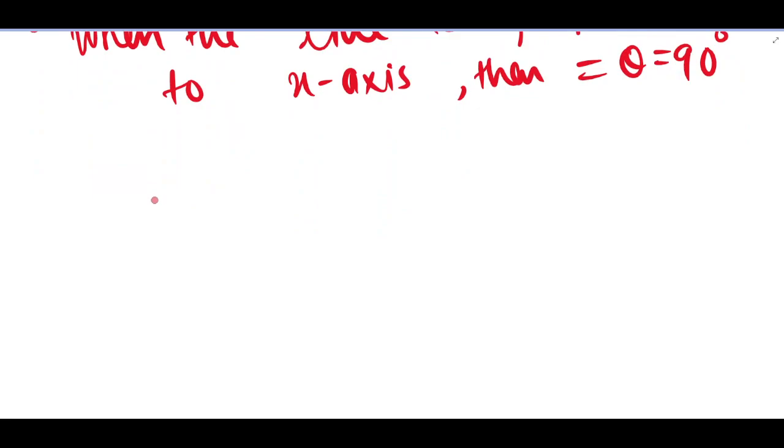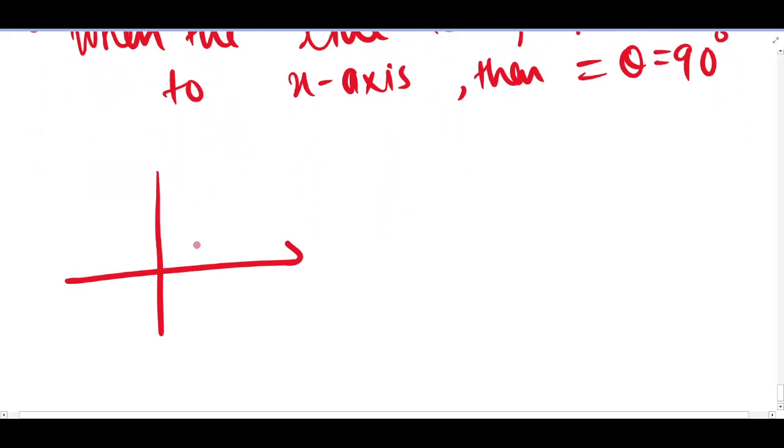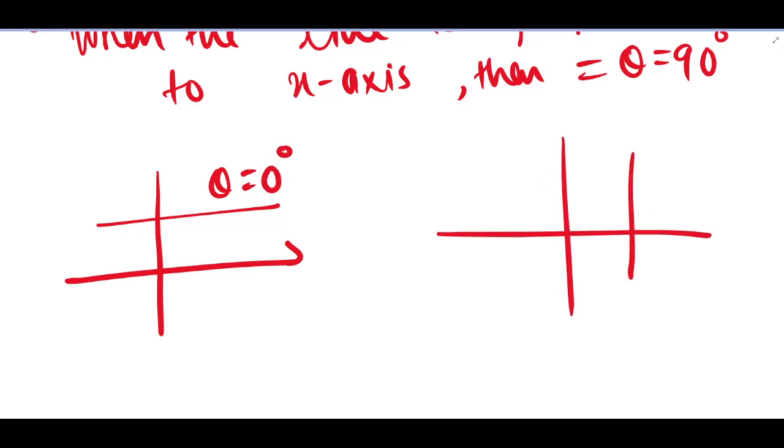That is, when the line is parallel to the x-axis, theta is 0 degrees, and when the line is perpendicular to the x-axis, theta is 90 degrees.